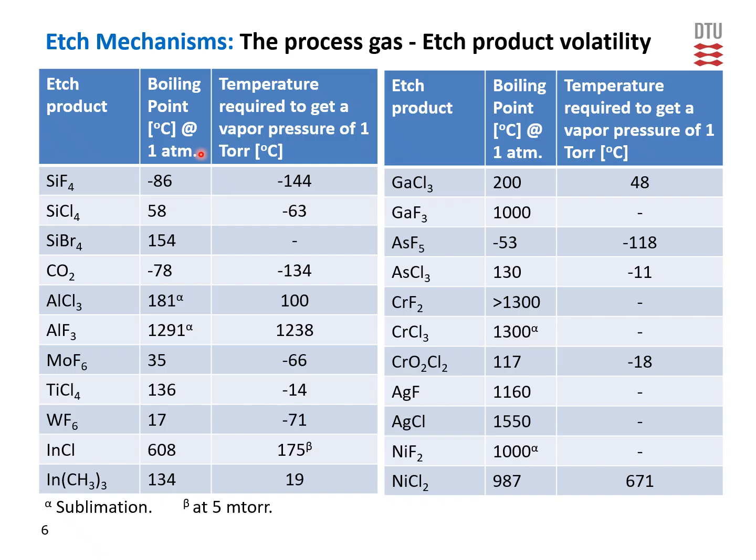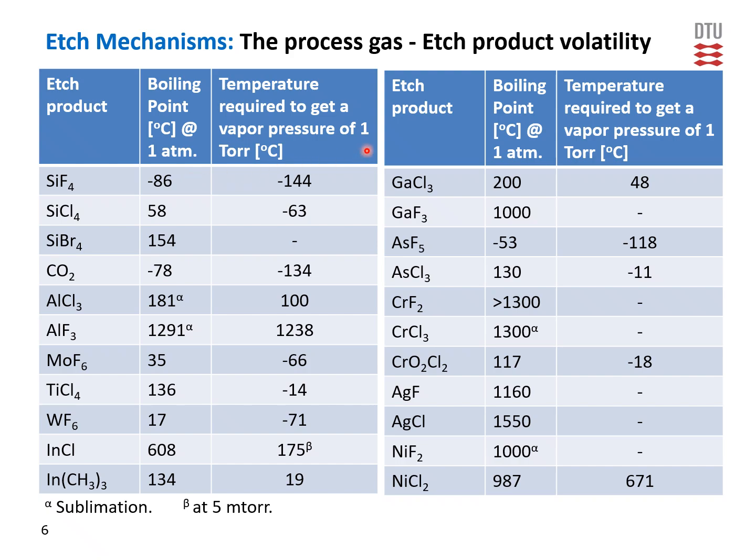But we don't have table values for the pressure where we are processing. Therefore, we need to use what we can get. And for most of the etch products, we can get it at 1 atmosphere. And then we just have to remember that this number would be much lower if it was in the millitorr to torr range where we are etching.